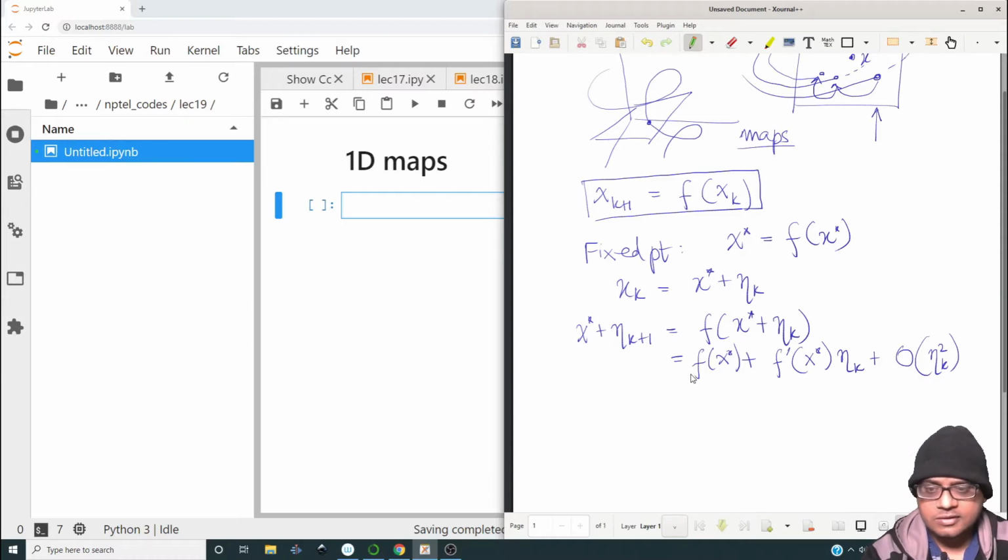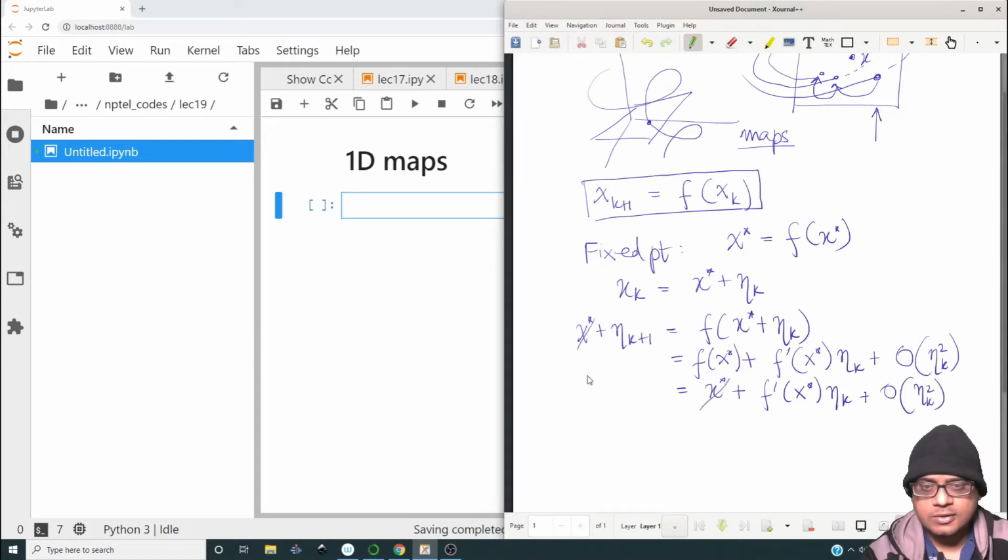Now because x star is a fixed point, f of x star is equal to x star, and so this cancels out. Thus we have an evolution of the correction to the fixed point as eta k plus 1 equals f prime of x star times eta k plus order eta k squared.